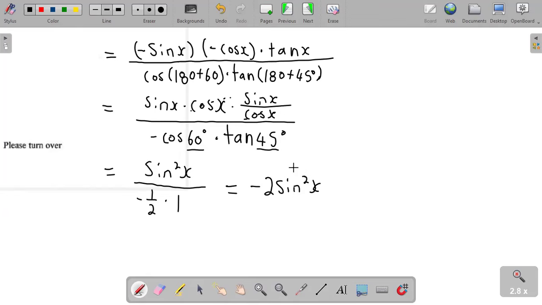-2 sine squared x. Okay, so let's move on to 5.3.